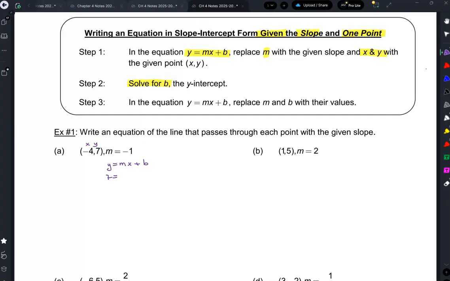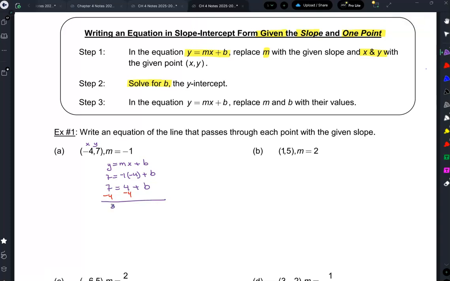Equals, what's the m? Negative 1. What's the x? Negative 4, plus b. That's what I'm solving for. So now this is 7 equals 4 plus b. Now, minus 4, how much is b?